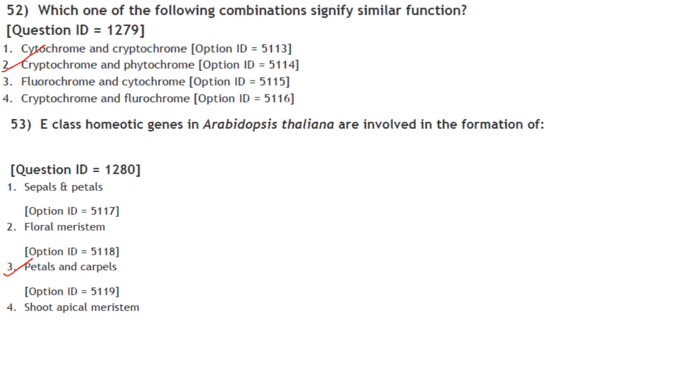Phytochromes are a class of photoreceptors in plants used to detect light. And fluorochromes are fluorescent dyes used in biological staining to produce fluorescence in a specimen. So the combination that signifies similar function is cryptochrome and phytochrome. They both are photosensory receptors. Answer is option 2, cryptochrome, phytochrome.